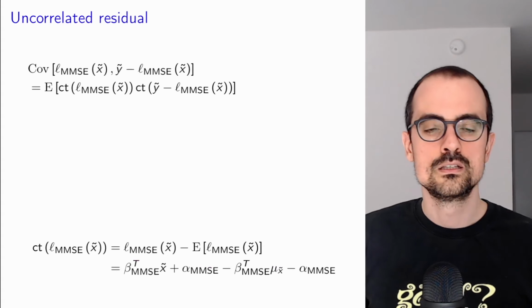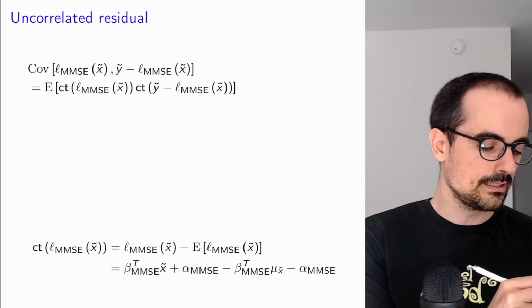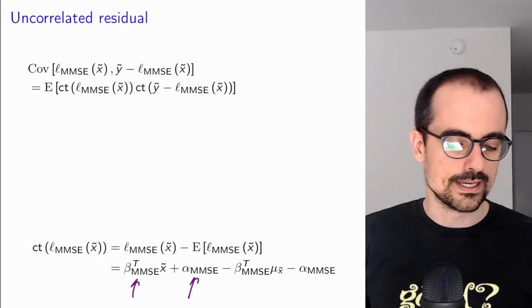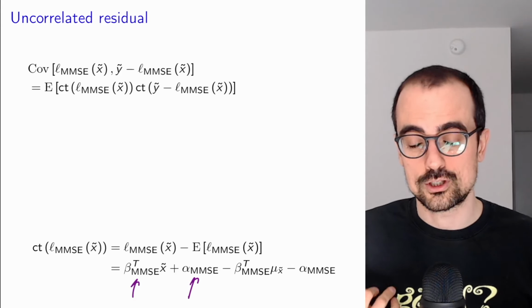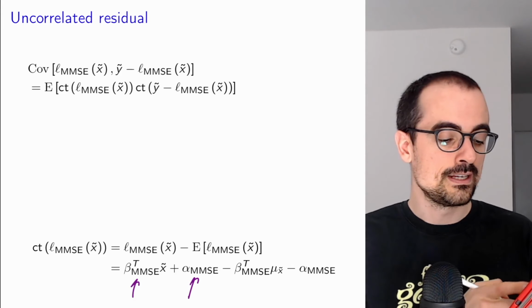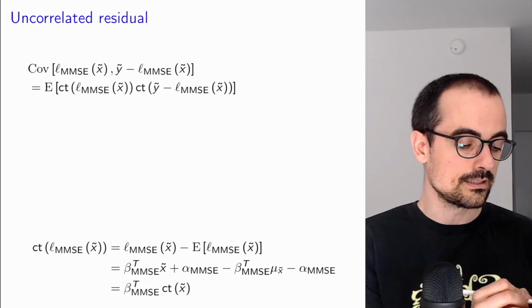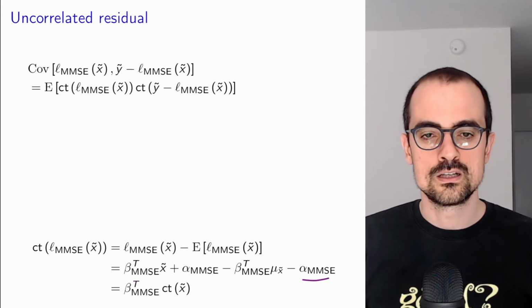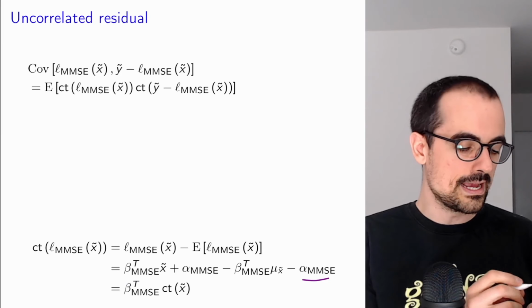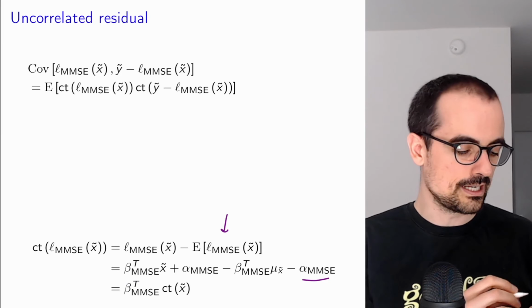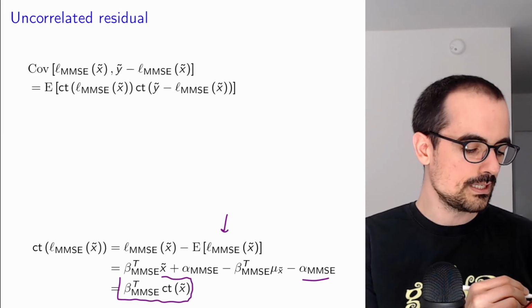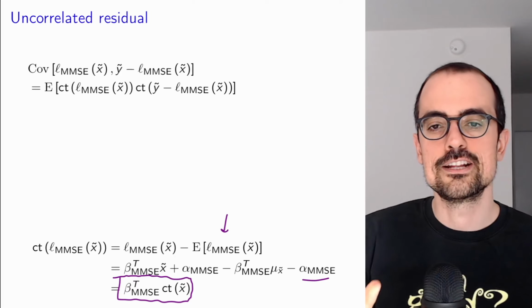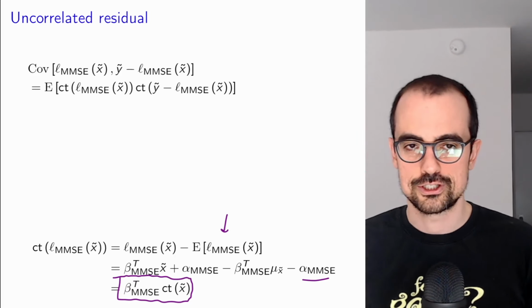When we do that, here I've plugged in the linear coefficients and the additive constant of the estimator. We realize, and we had talked about this in previous videos also, that this constant essentially just accounts for the means. When we take away the mean of the linear estimator, all we are left with is the optimal linear coefficients inner product with the centered features.